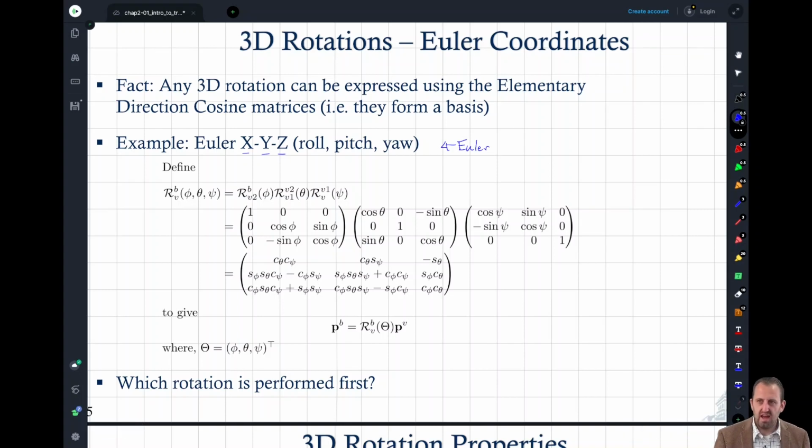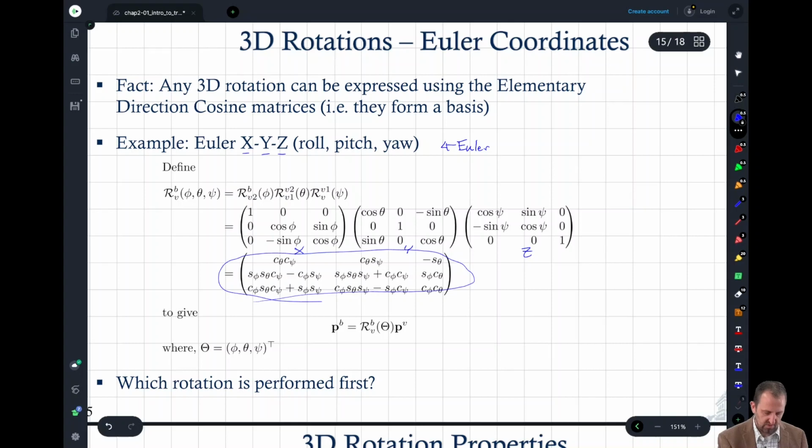And what we're going to do is we'll just do our rotation about our x, our x rotation, our y rotation, and our z rotation, just like we showed on the previous slide. And we'll get an aggregate right here. So this is our aggregate rotation matrix with these 3 elements where we have these 3 angles.